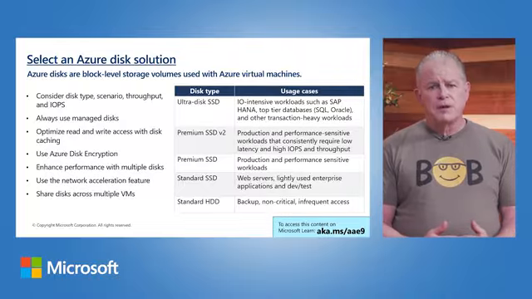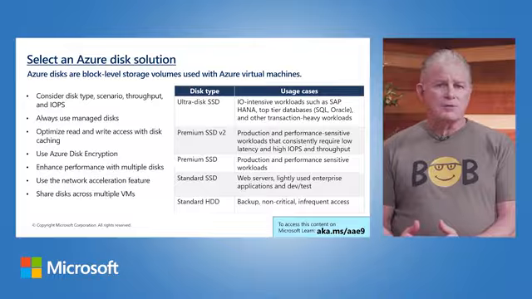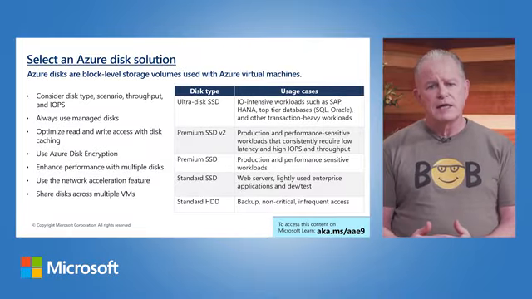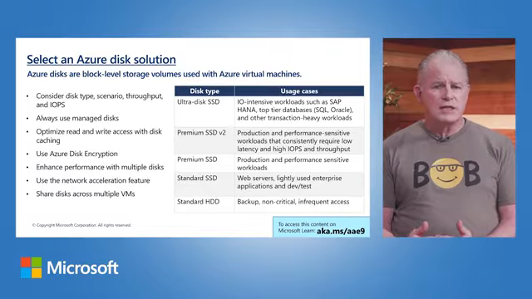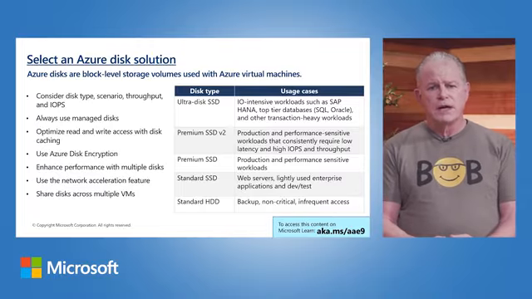You also have the capability of having managed disks, which means it's being managed by Microsoft. And these are typically mounted within virtual machines as the operating drives within the VMs. And you're going to see that down at the bottom. So shared disks across multiple VMs is one of the reasons why you might have these disk options.